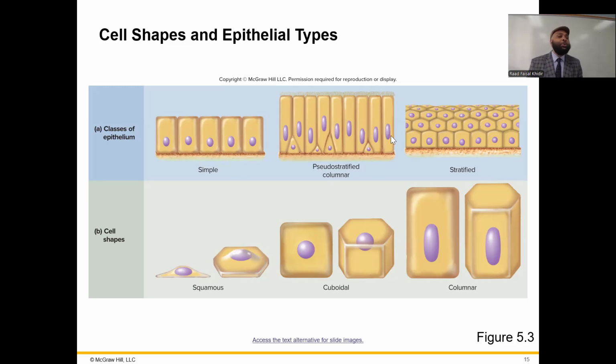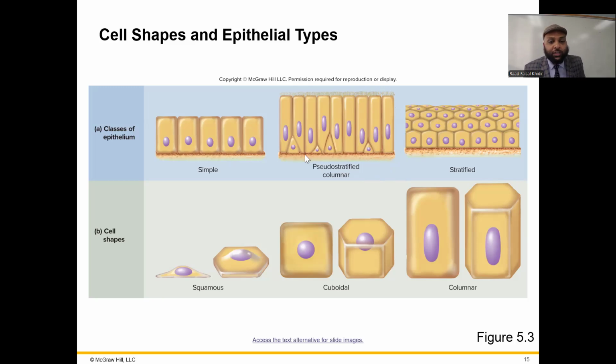Pseudostratified columnar epithelium is very important because it shows that the cells are not 100% one or the other. They are not all touching the basement membrane, and not all folding upon each other.